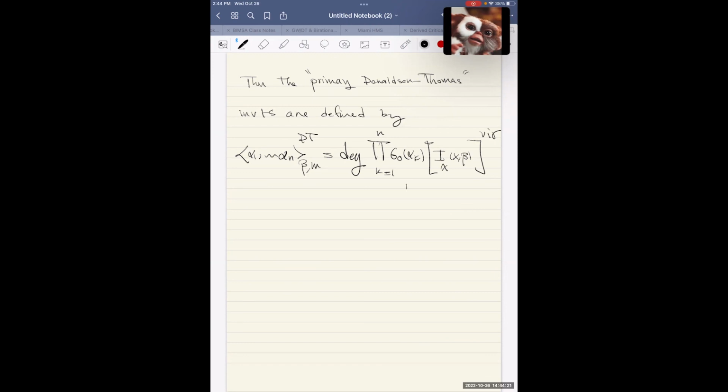And this is exactly equal to, what this means is, the integral of the k-fold product of sigma zeros of alpha k integrated against the virtual class.